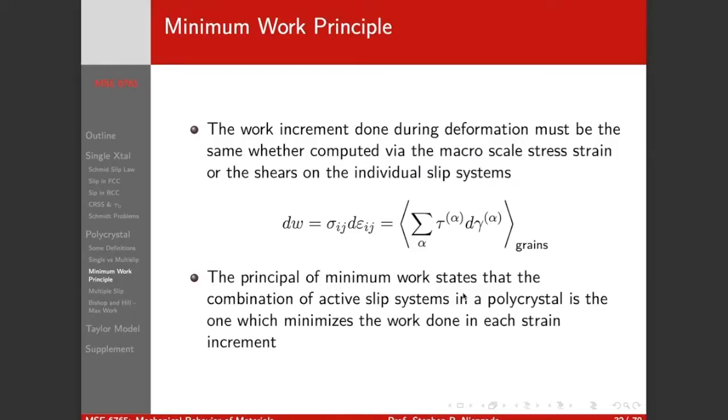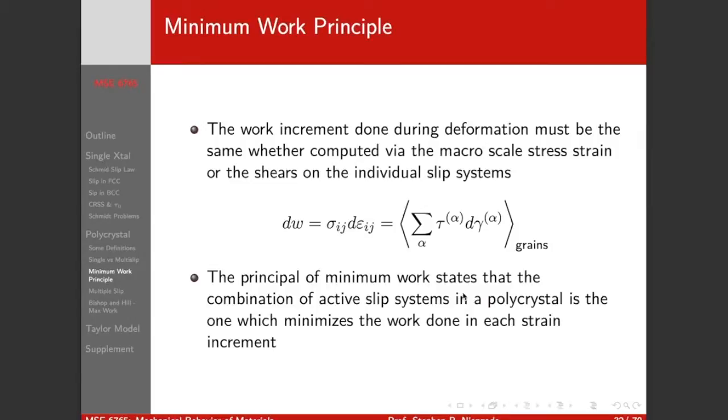Okay. So how can we decide what slip systems are going to be active in any given grain? To do that, we rely on something called the minimum work principle.